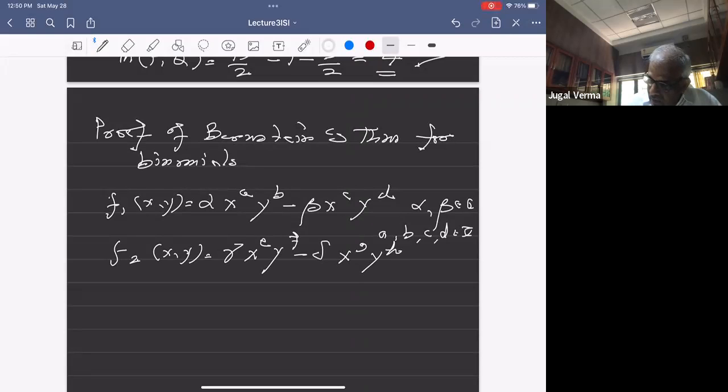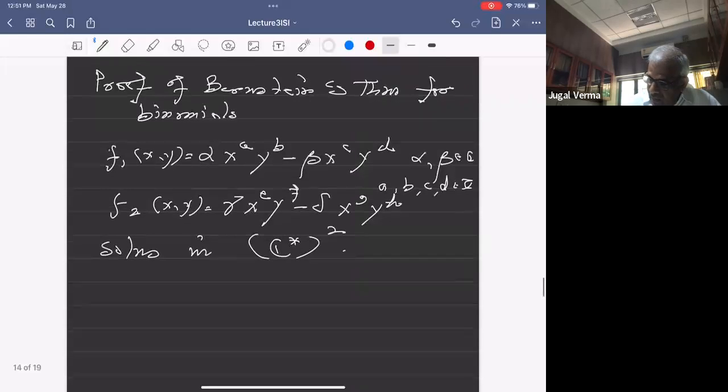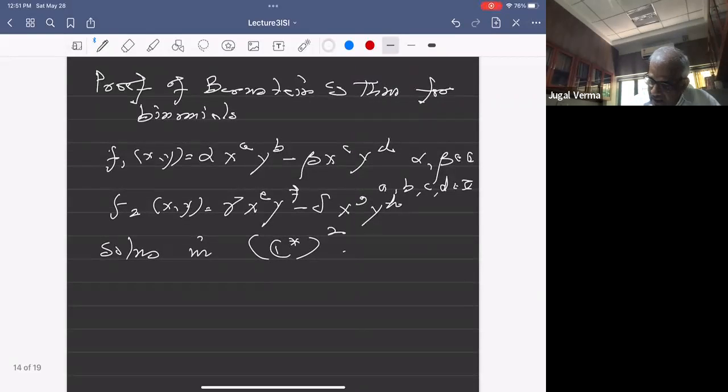So Bernstein's theorem says look for common solutions. These are Laurent polynomials, Laurent binomials, so the exponent vectors can be negative. We are looking for solutions in C star squared. Now, when you multiply a Laurent polynomial by a monomial, how does it affect the Newton polygon?